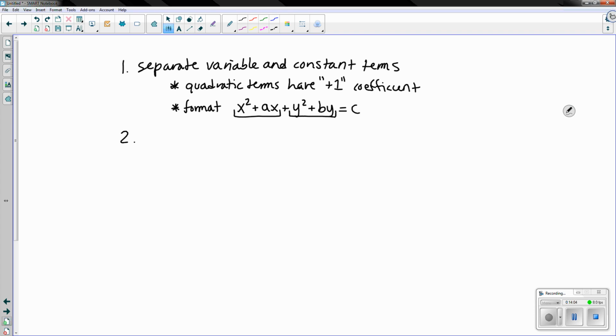Step 2, once you have it in that format, you're ready to complete the square, which is the process of plus a over 2 squared for the x in this case, or plus the b over 2 squared for the y in this case.